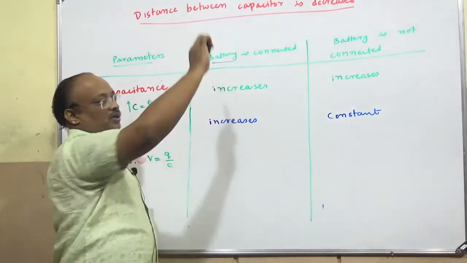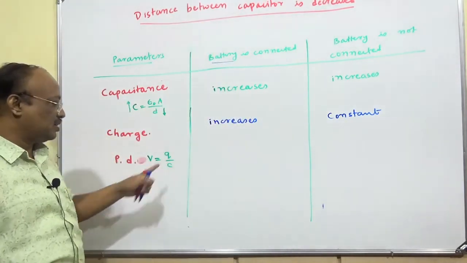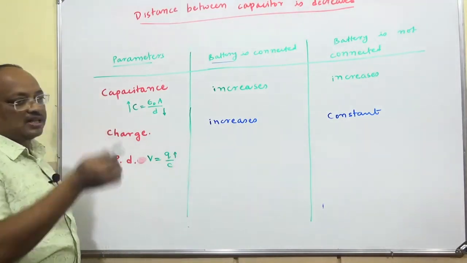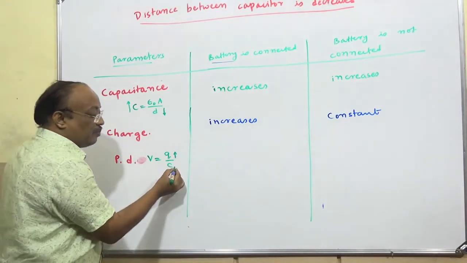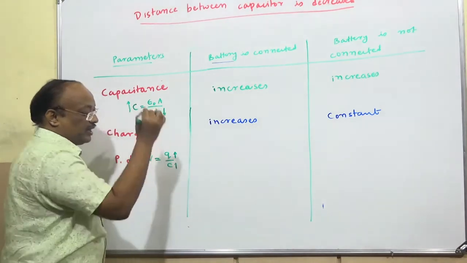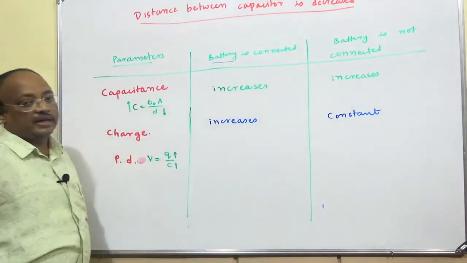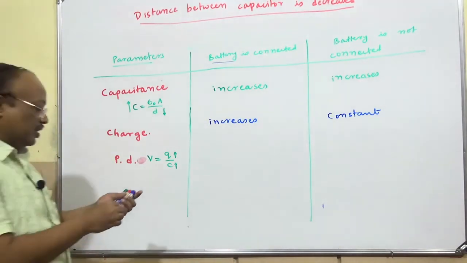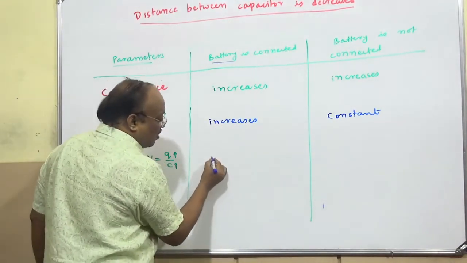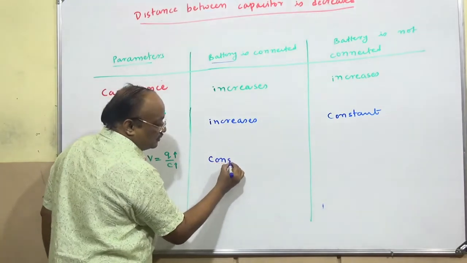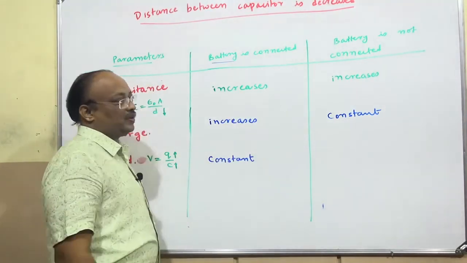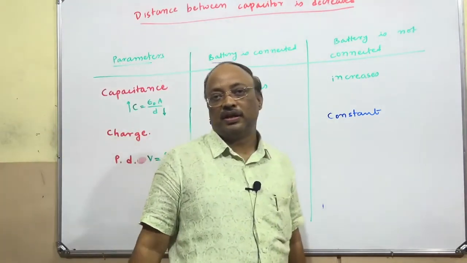Capacitance also increases. By what amount is charge increasing? By the same amount, capacitance also increases. So therefore, this remains constant.